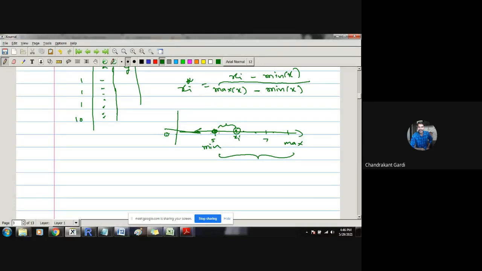When the origin is moved here, this 7 will now be read as 2, because this is 2 units distance, so in the new system it will be 2. How does that 2 come in? 7 minus 5 is 2. Whenever we are bringing the origin to this point, this particular point will turn out to be minus 5, because this is a distance of 5 units.